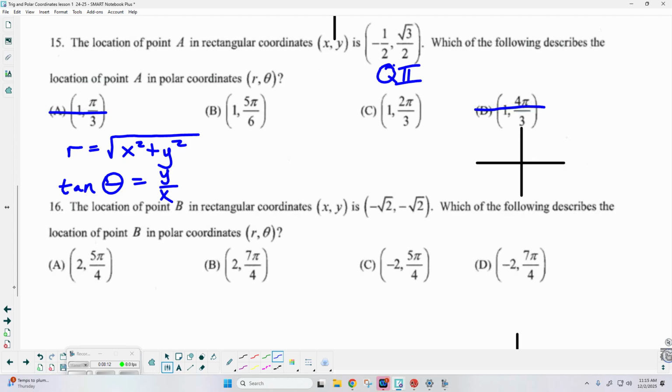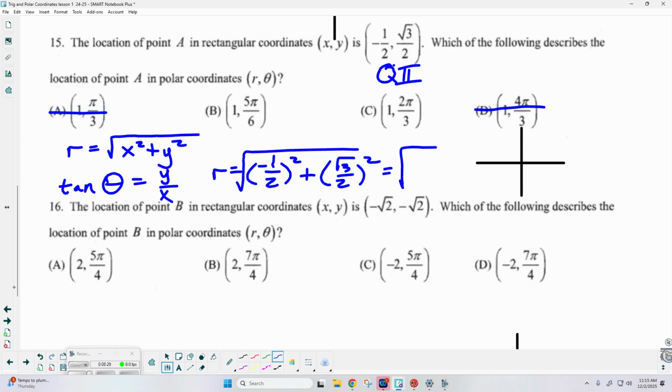Well, let's go ahead and find the radius first. So the radius equals the square root of x squared, negative 1/2 squared, plus y squared, square root of 3 over 2 squared, all below the radical.